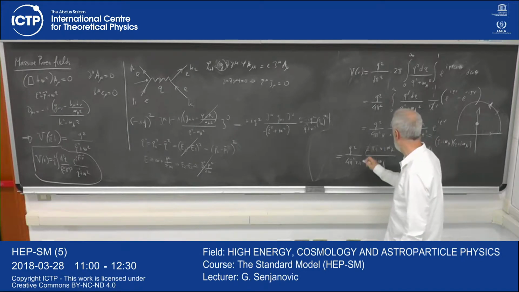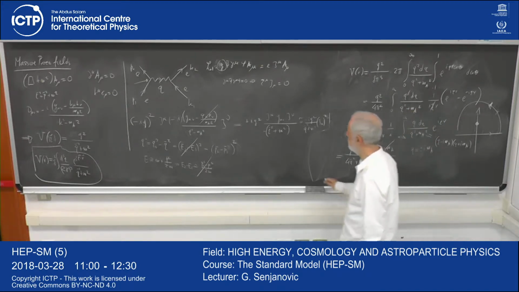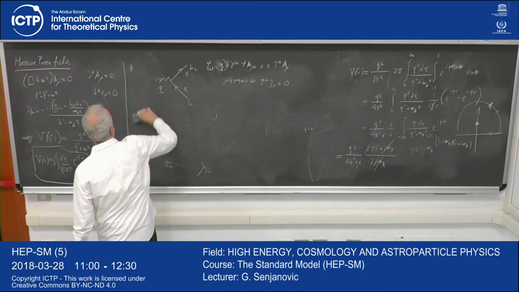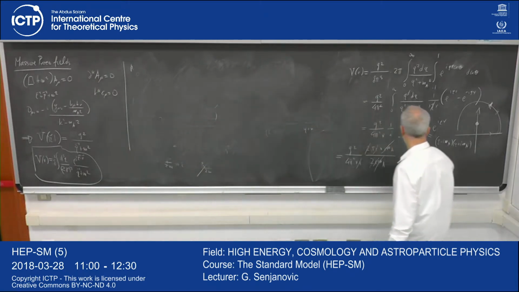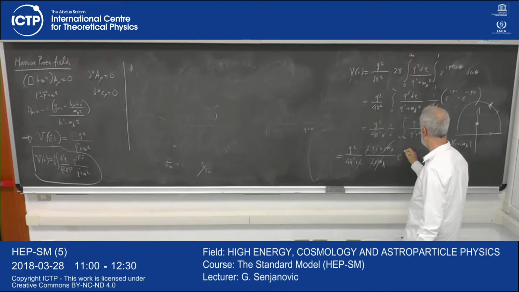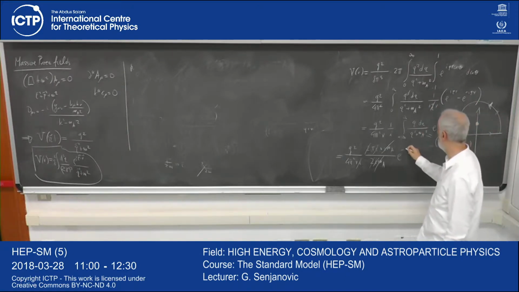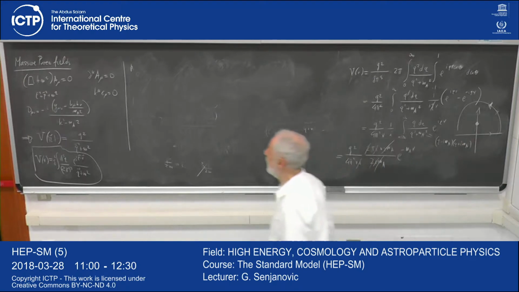The 2 cancels, ma cancels, i and i cancel, and we get... oops, we forgot something. What did we forget? E to the minus, because of i ma and r. I should be writing ma everywhere.